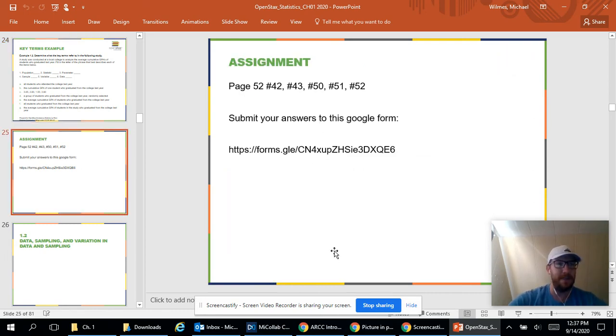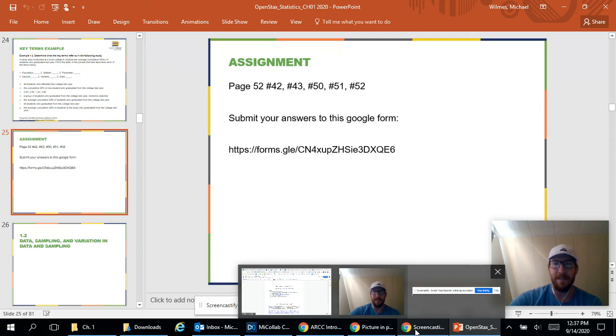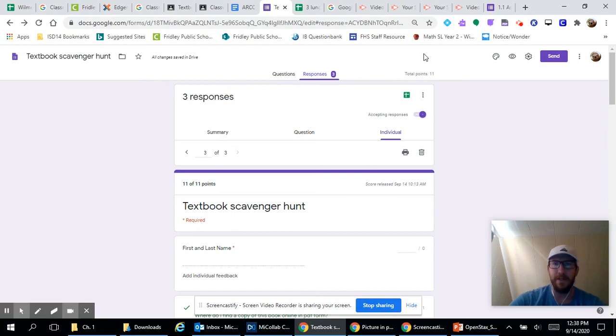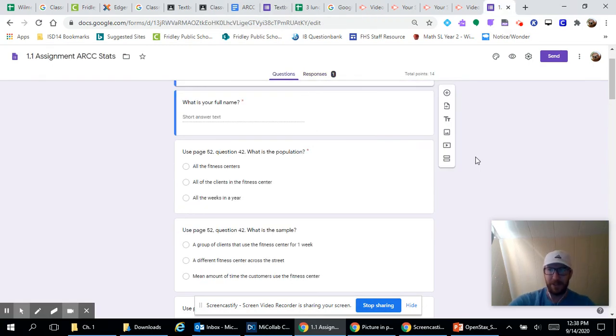And our homework is in the textbook. And instead of writing this out paper and pencil style, I made a Google form for us. You can follow that link there. Hopefully you can just copy that in. I'll also post it here in our Google agenda sheet, but it's going to be pretty straightforward how it looks for this first one because it's just vocabulary.